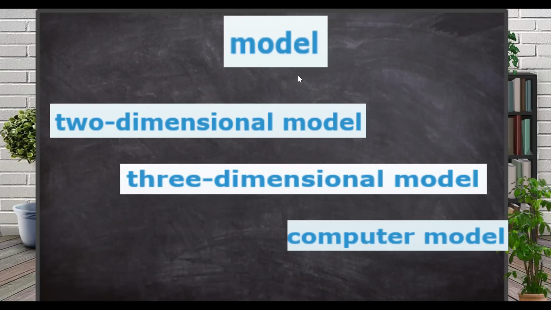What do you think, Lean? I think it's like, when you want to say a conclusion, you use a 2-dimensional model or a 3-dimensional model. Okay, thank you, Lean, for trying. Leanne, do you have an answer?